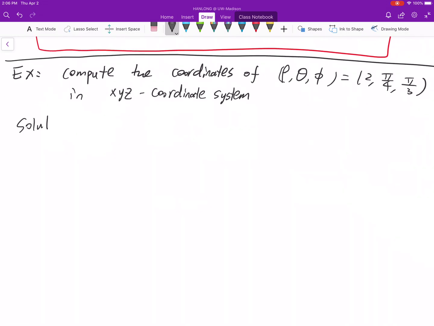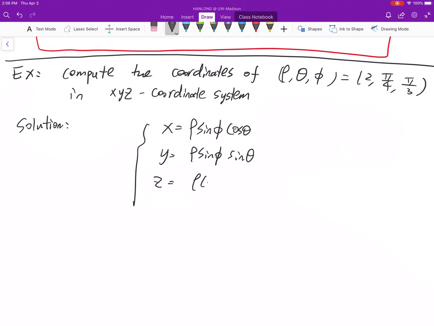Solution. This is pretty straightforward because we have the formula in a very clean way. x is rho sine phi cosine theta, y is rho sine phi sine theta, z is rho cosine phi. Okay, then you plug in.